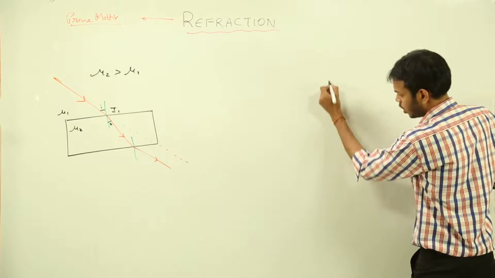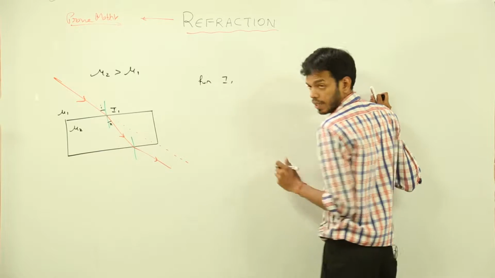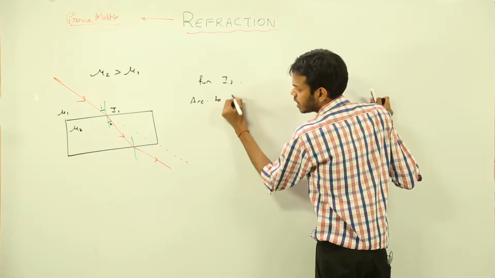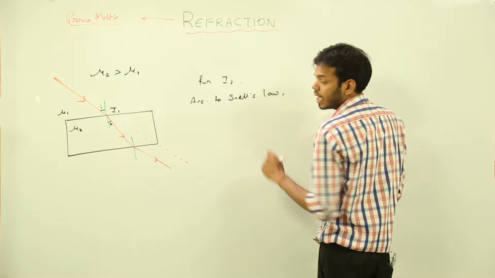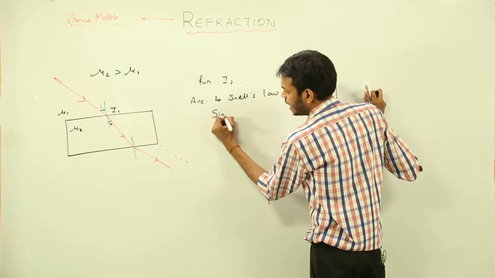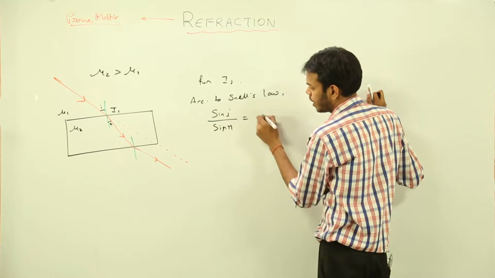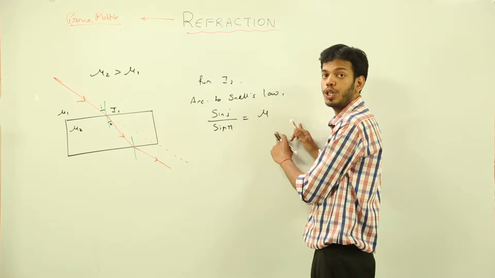So I'll use the board in two halves, and for interface 1, what do we have? According to Snell's law, how do we use Snell's law? We always use Snell's law like this: sine I over sine R is equal to what? Not just mu, either it has to be 1mu2 or it has to be 2mu1.